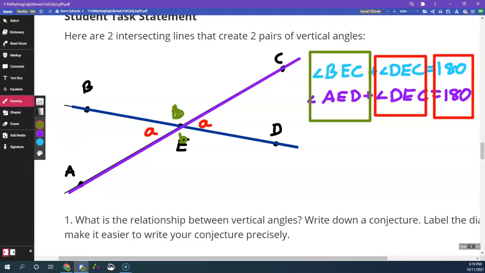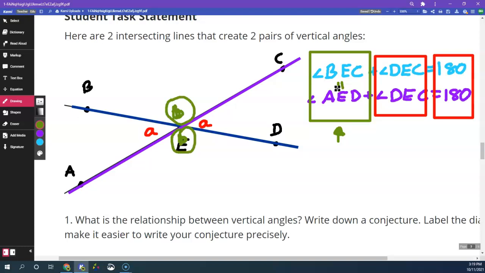Those are the two angle B's. I just proved these two angle B's are equal to each other. So this actually shows how those vertical angles are the same because they're both supplementary to the same angle A. Both supplementary to angle A. This B is, and so is this.